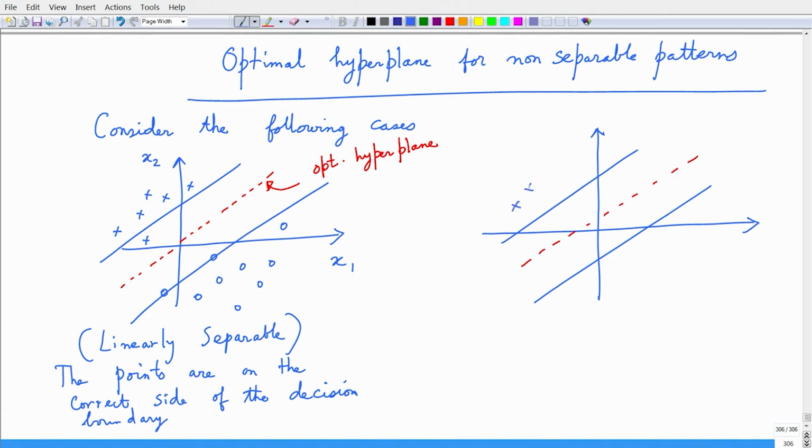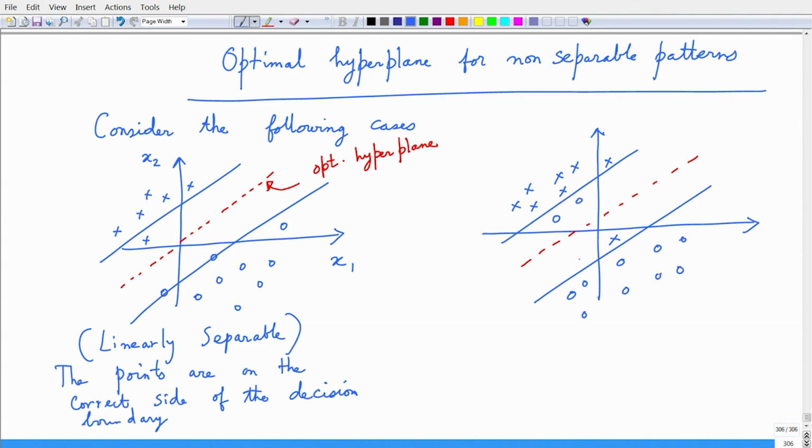I can have points, these crosses, that possibly spill over to the other side, and I have these circles that are here.